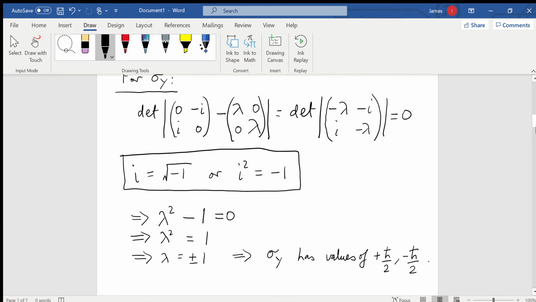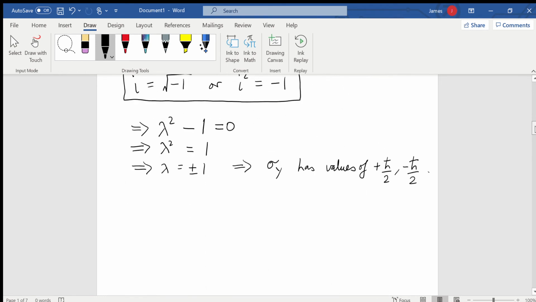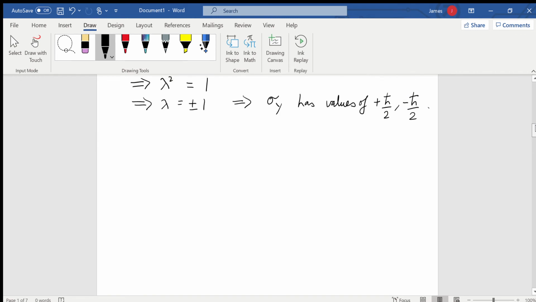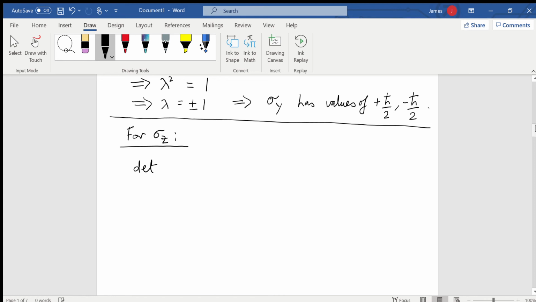Okay, and finally, although you probably don't need it now because it's repetitive, let's do sigma z. So for sigma z, we've got the determinant of 1, 0, 0, minus 1, minus lambda times the identity, which is this 2 by 2 matrix.